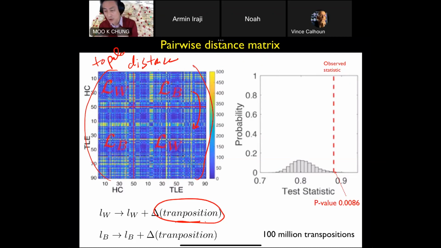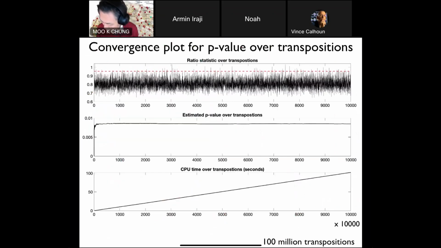That's more time consuming than figuring out the incremental changes and updating. So we can do 100 million transpositions, or 100 million permutations, in 100 seconds. This is CPU runtime, 100 seconds. You have to multiply by 10,000, and that's how fast our algorithm is.